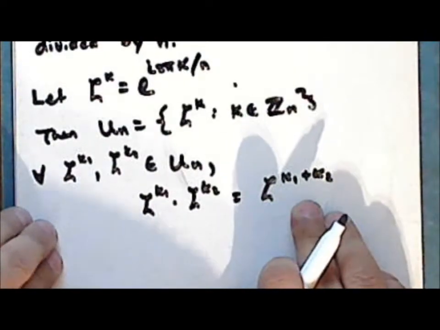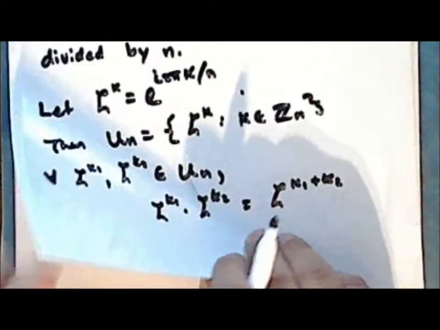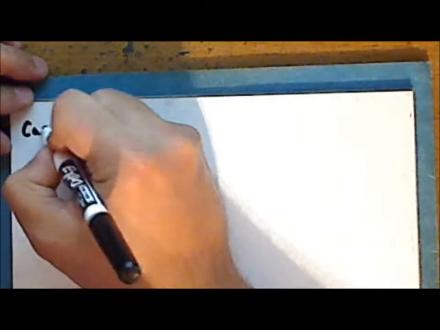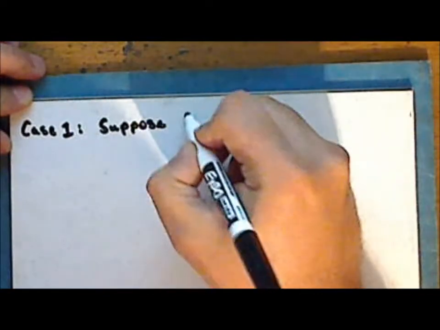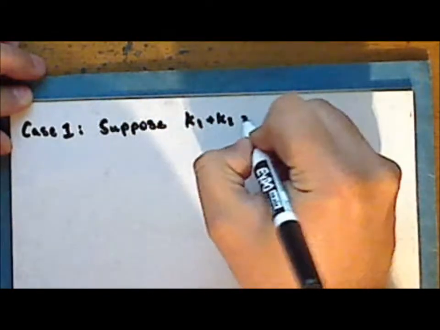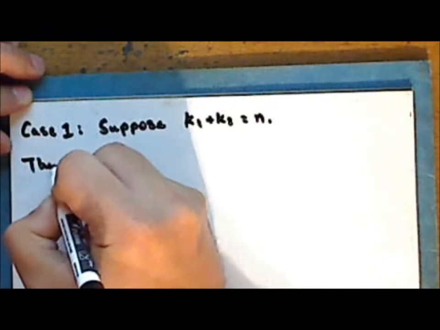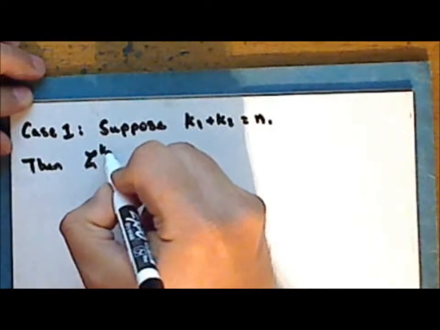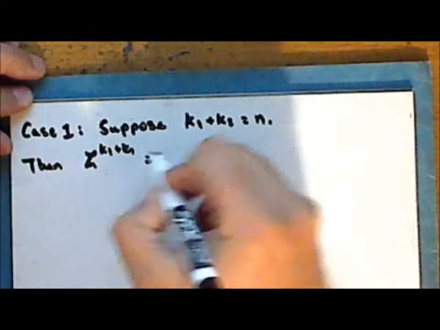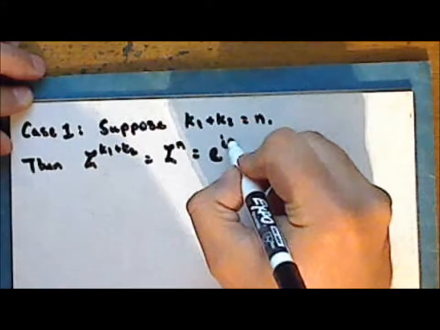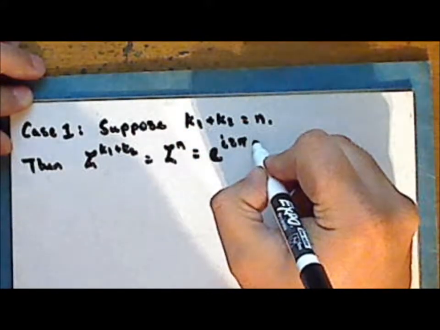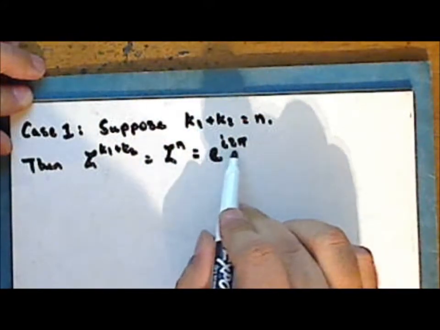So there are three cases we need to consider. Case 1. Suppose that the sum k1 plus k2 is equal to n. Then zeta to the power of k1 plus k2 is equal to zeta to the power of n, which is e to the power of i times 2 pi times n divided by n, so just e to the power of i 2 pi.